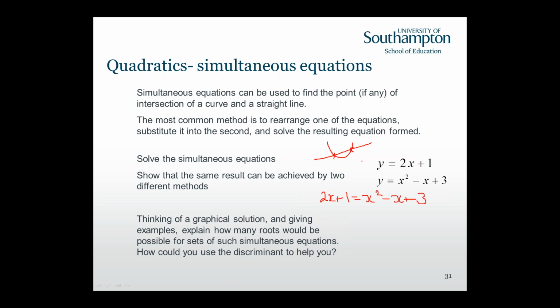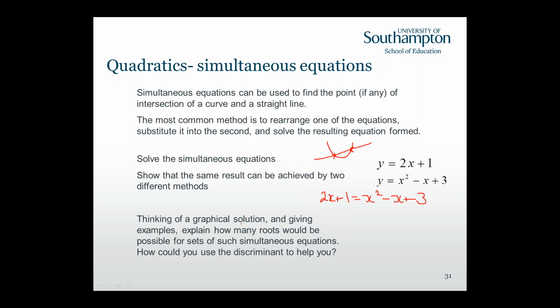Those are the solutions. So in order to do that, this is the point where students just seem to suddenly forget how to solve quadratics. They have to get this all on one side, make it equal to 0, and then solve the remaining quadratic.